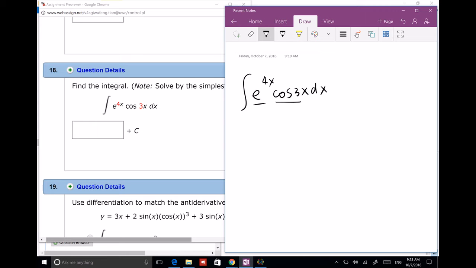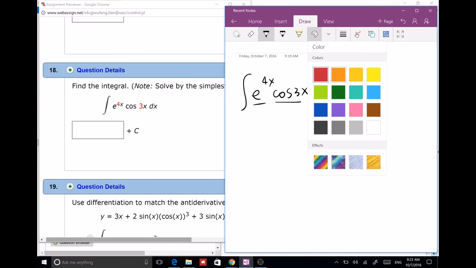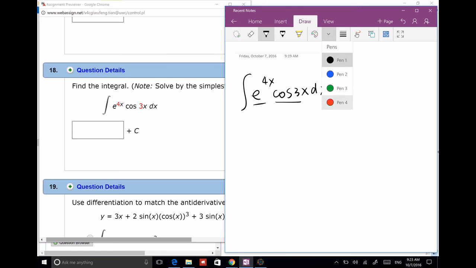Okay, let me give you a little bit of help. You take u as cosine 3x, dv as e to the power 4x. Do it twice.